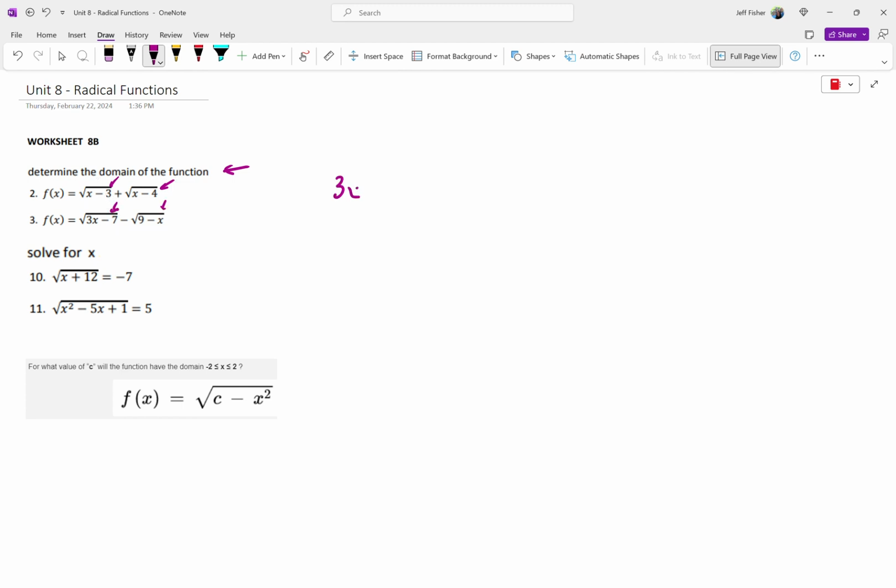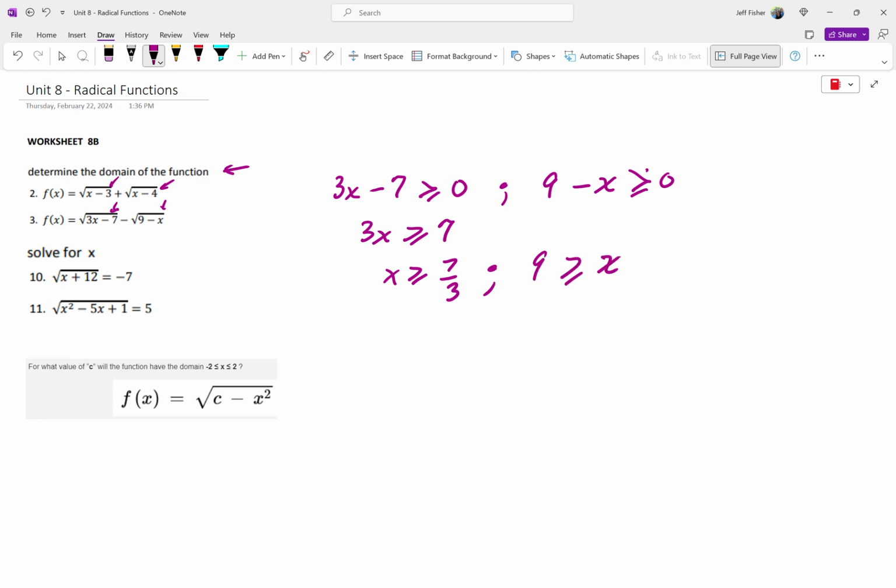So we're going to say 3x minus 7 has to be greater than or equal to 0, and 9 minus x has to be greater than or equal to 0. So this is going to be 3x is greater than or equal to 7, x is greater than or equal to 7/3. And then over here, we're going to have 9 is greater than or equal to x, so x is less than or equal to 9.